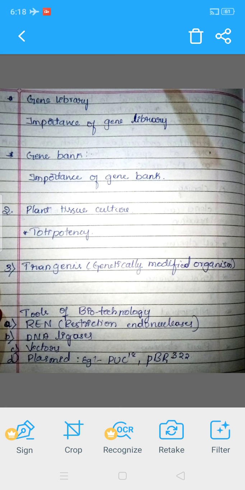And next one is plant tissue culture. Man depends on plants for food, shelter and clothing.